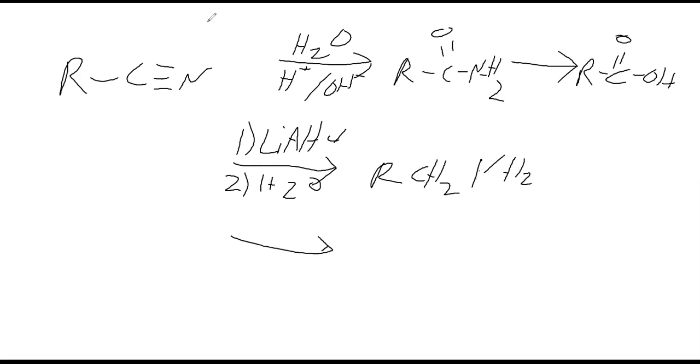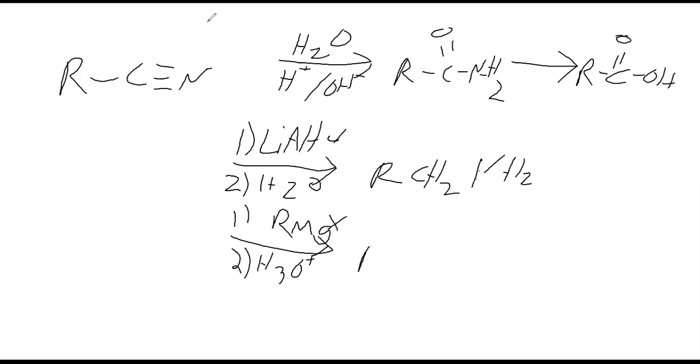Using a Grignard, depending on what conditions we use, we could either stop this at the imine or go all the way to a ketone.